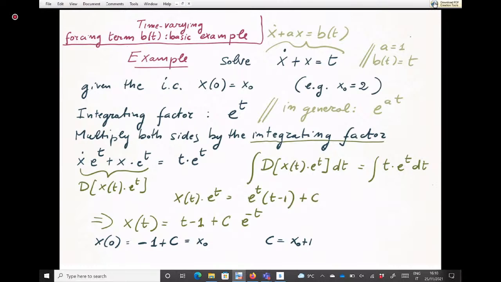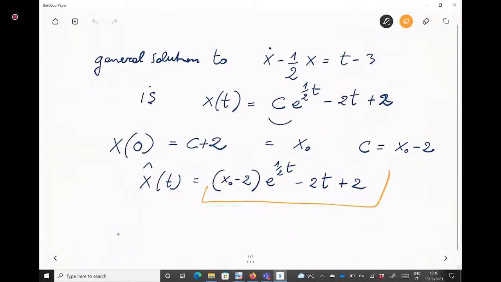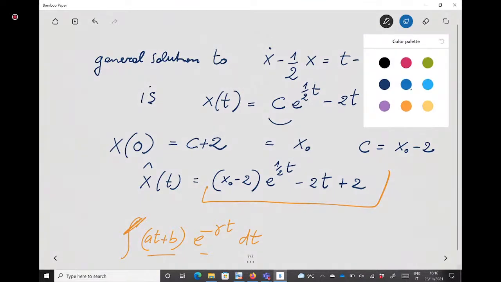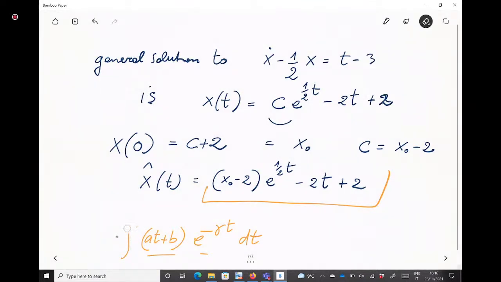Just to show you, if I want to integrate by parts this one, at plus b exponential minus gamma t dt, it takes longer than just using the method of undetermined coefficients. Anyway, we must find exactly the same solution.